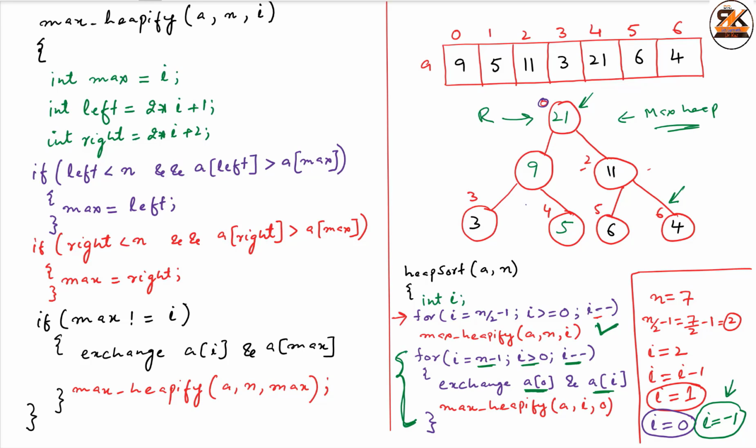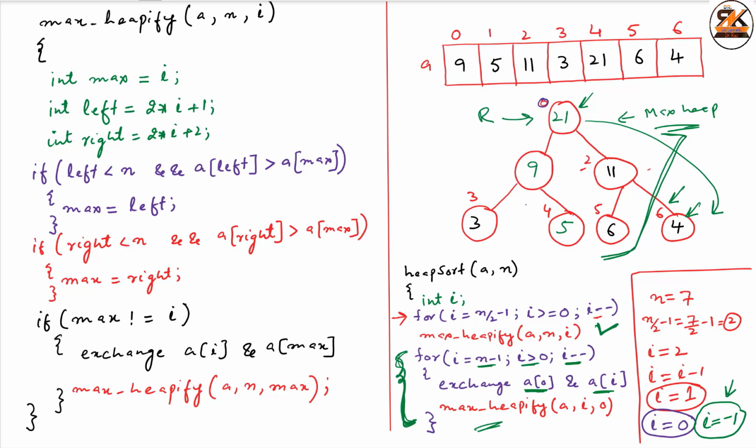Okay, and as we have built this max heap, now we have to remove this element from the root, and we have to place here this last element, that is 4, and this 21 will go to this position, and we will again reduce the size of this heap by 1. That is what I am doing in this line of code.